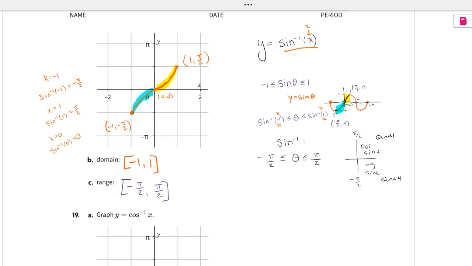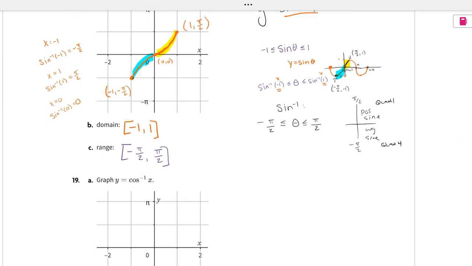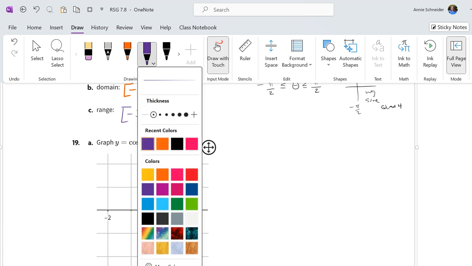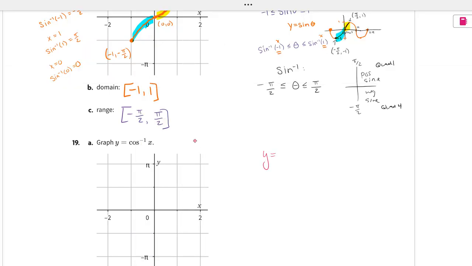So now we're going to do the same thing with cosine. So graph y equals cosine inverse of x. Let's break this down the same way. Cosine of theta was always between, just like sine, -1 and 1. So again, cosine inverse of -1 and cosine inverse of 1.